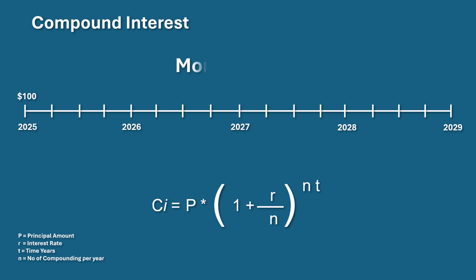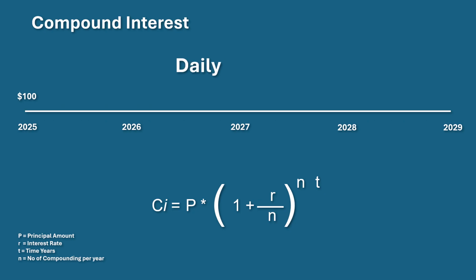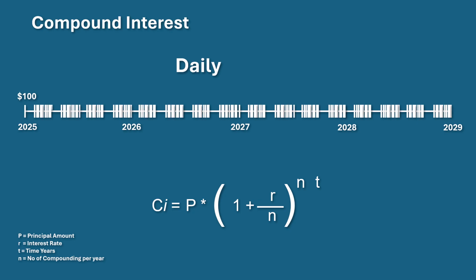If compounding is monthly, it means the interest is applied 12 times a year, but each time with 1/12 of the annual interest rate, so n equals 12. If compounding is daily, it means the interest is applied 365 times a year, but each time with 1/365th of the annual interest rate.